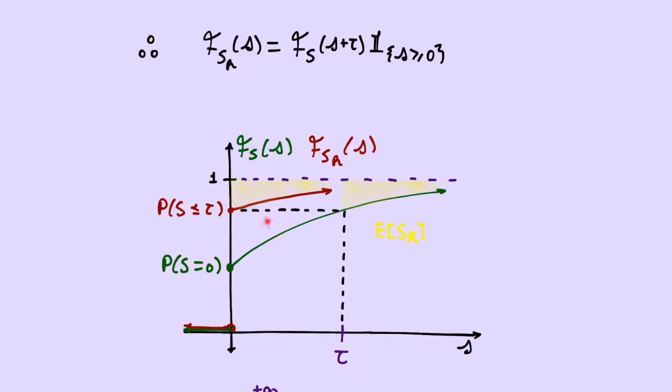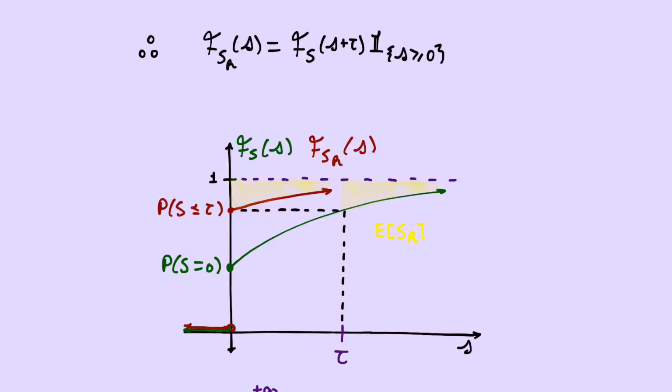But you do not relocate this other part, because if you got it to the left side, you would have a positive probability for negative values, and we do not want that. So that is the reason that you just cut this part that is in the values greater than tau, and then you take that part to the zero value.